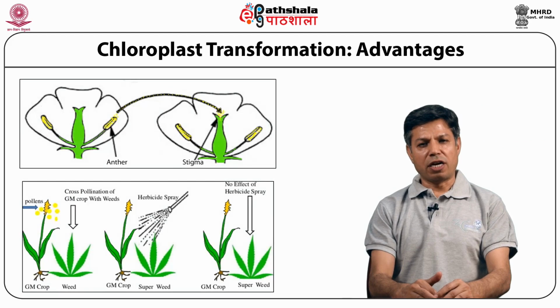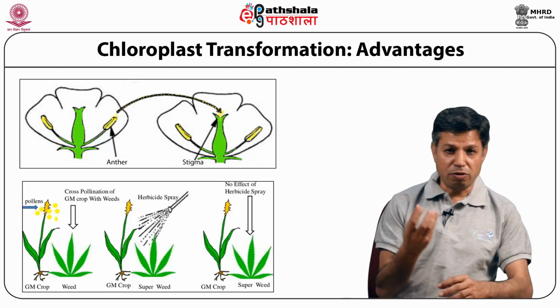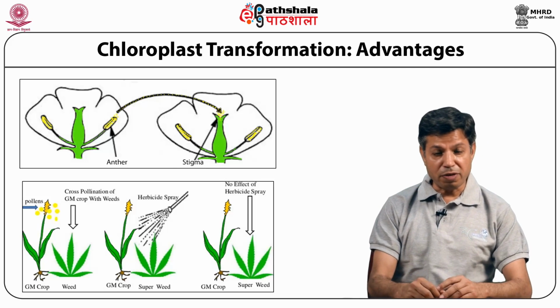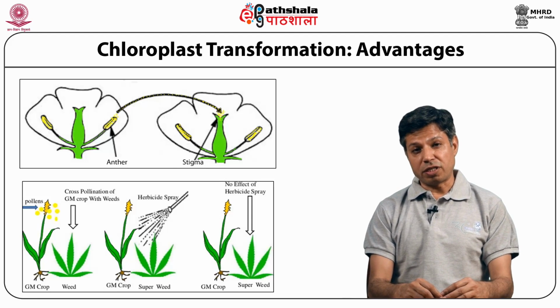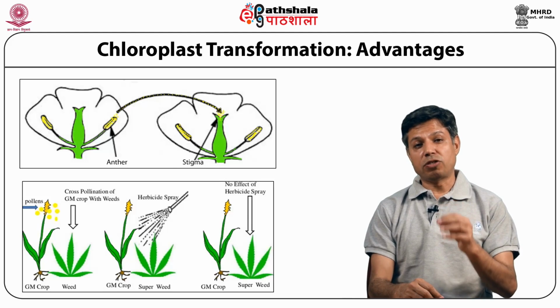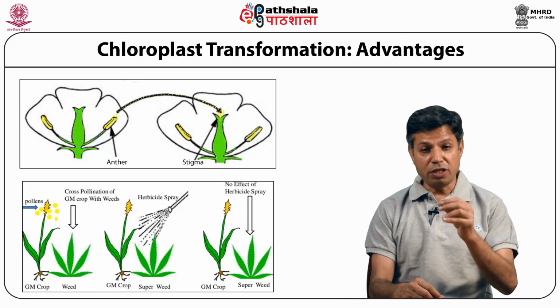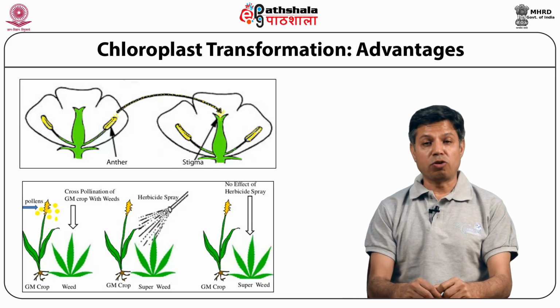Chloroplast transformation advantage: the big advantage is that genes do not escape from one plant to another, as in nuclear genomes. In mature pollen the nuclear genome is present, but in the case of chloroplast transformation, there is no mature chloroplast organelle or gene in the mature pollen.